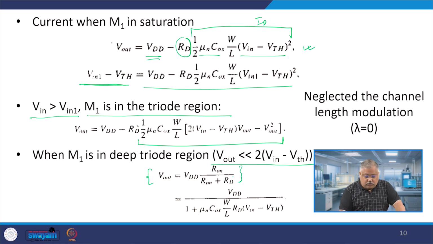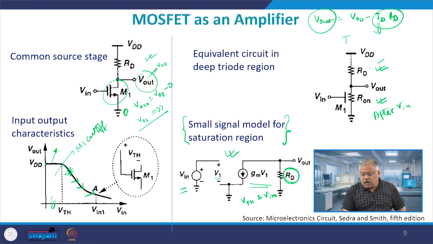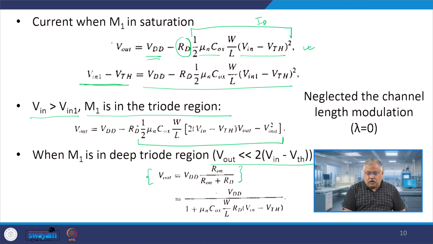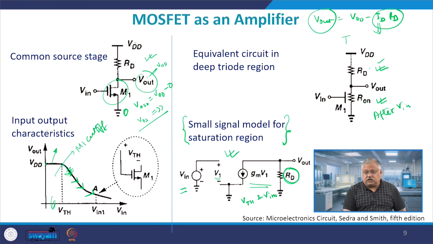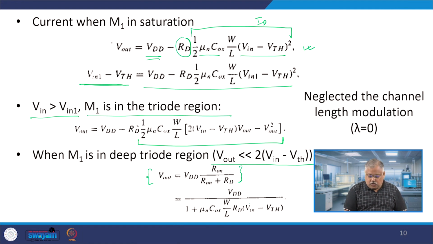Why? Because in the deep triode region, R on and RD are basically in series, and you are trying to find the voltage across R on. The series resistance will be RD plus R on, and R on by RD plus R on multiplied by the VDD value gives you V out.